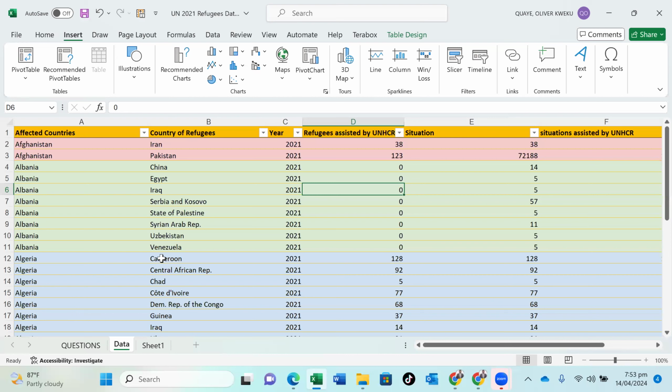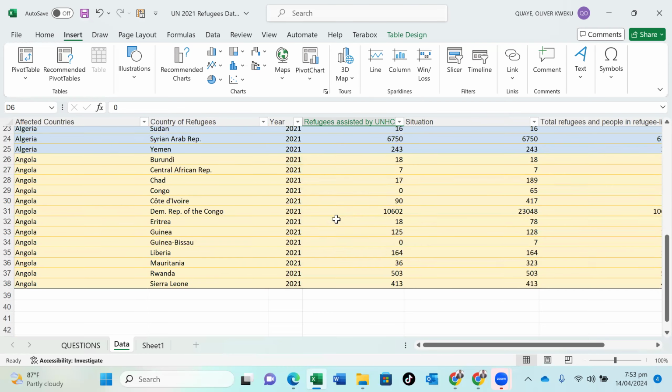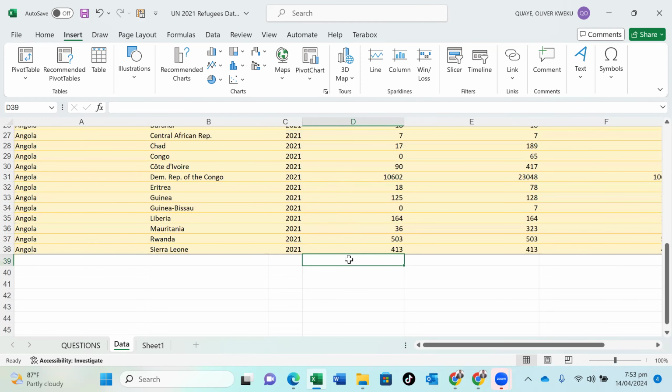How many countries were affected? That's one question. What were the total number of people who were affected? We are looking at the total number of refugees, so you can come here and scroll and do your analysis.